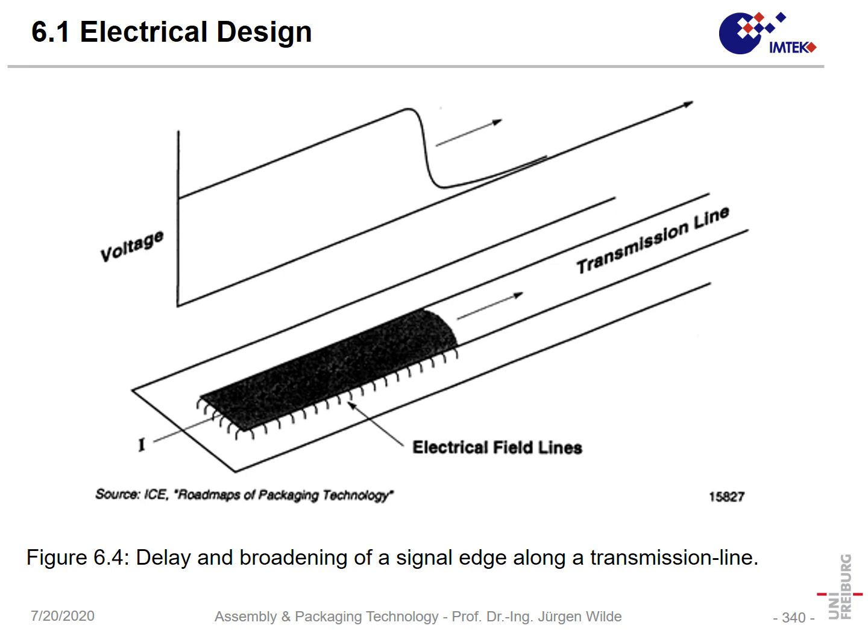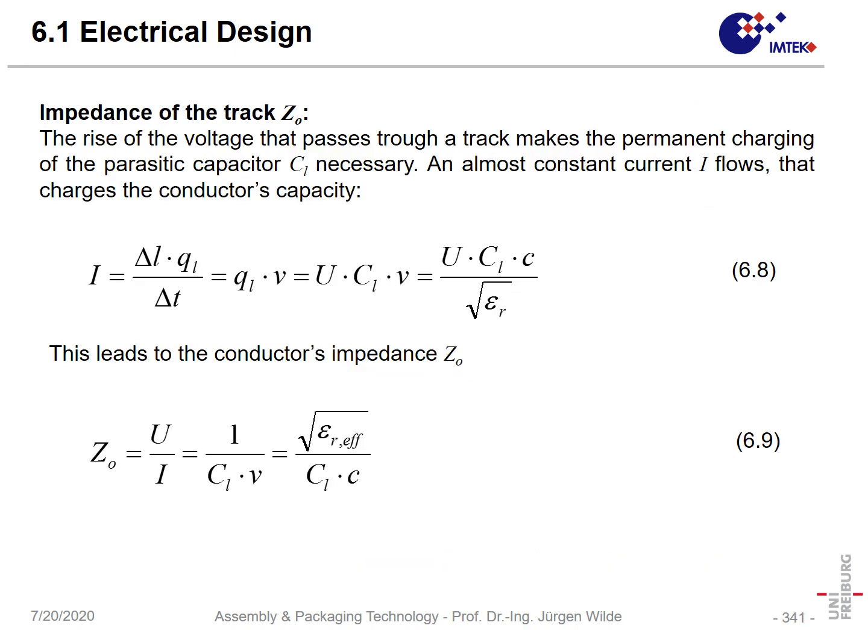The speed of that signal can be computed, and the main thing is when the signal comes along that line, the signal charges up the conductor and builds up an electrical field between the ground and this conductor line.